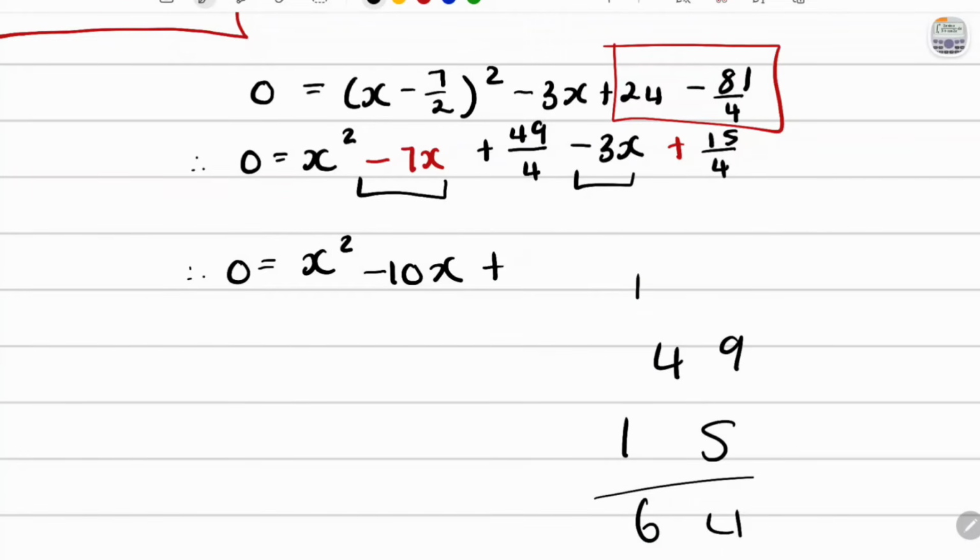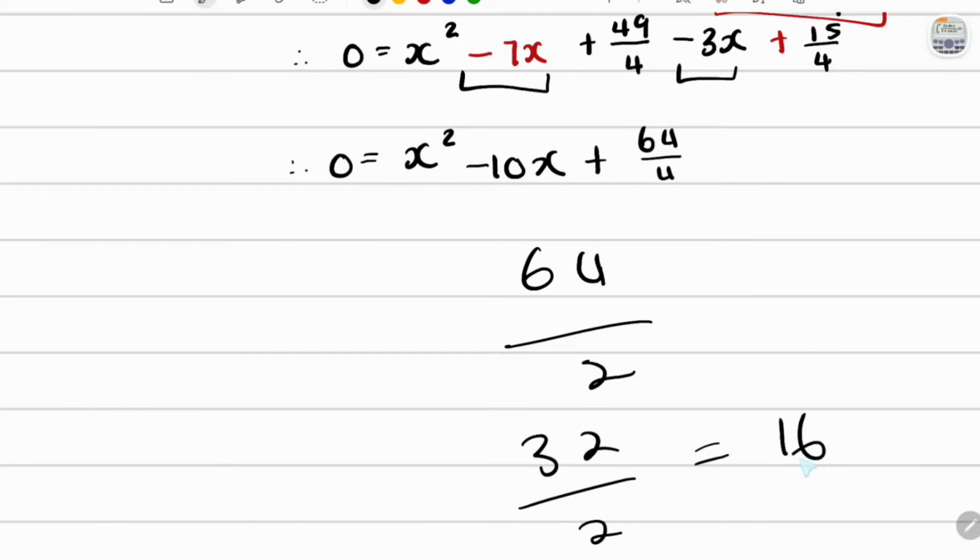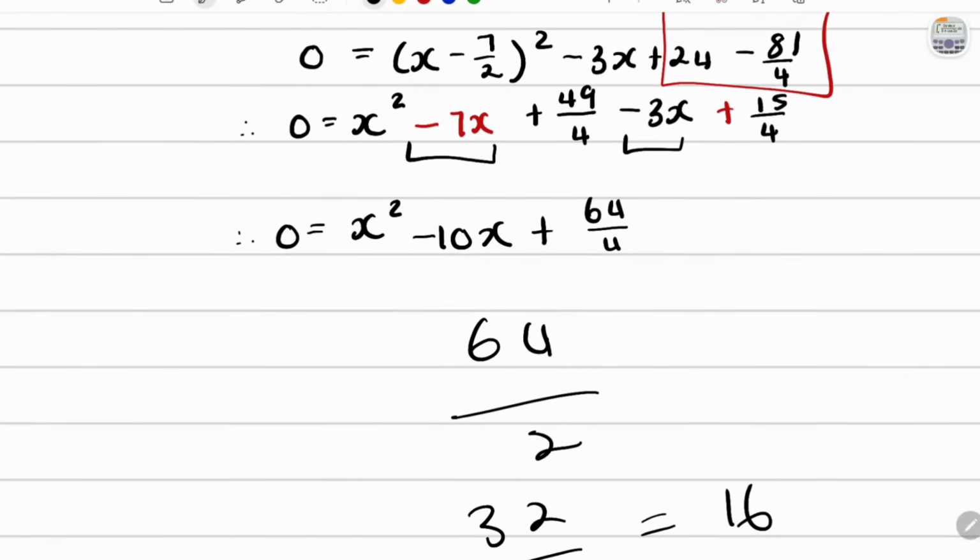So that's going to be positive 64 over 4 because the denominators are the same. But then 64 can divide by 4. See, so 64 divided by 4, it's like dividing by 2 and then dividing by 2 again. So that's 32 divided by 2 again is 16. So that just gives you a positive 16.